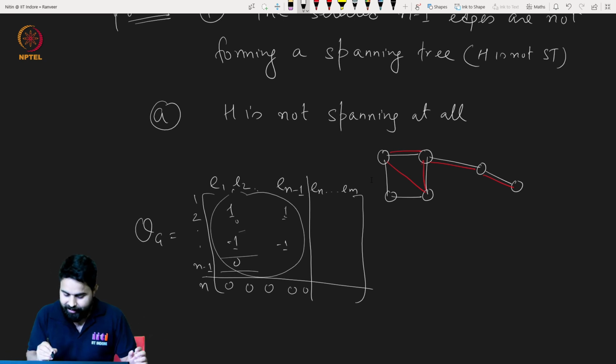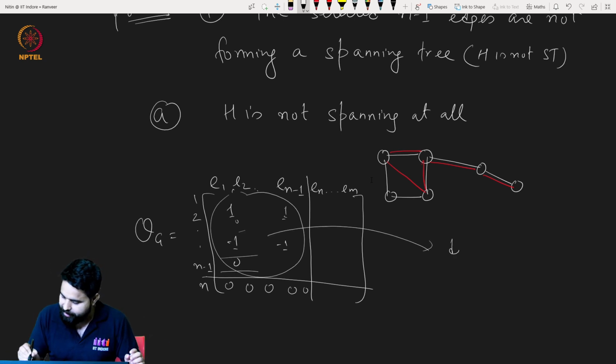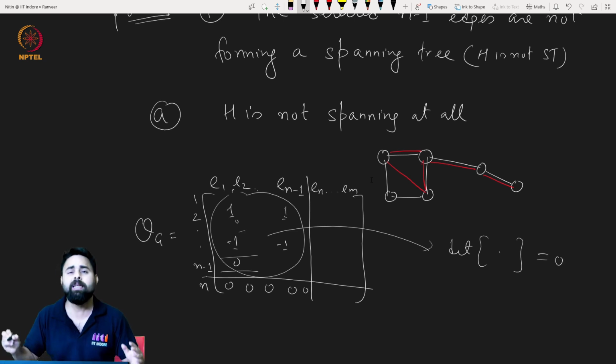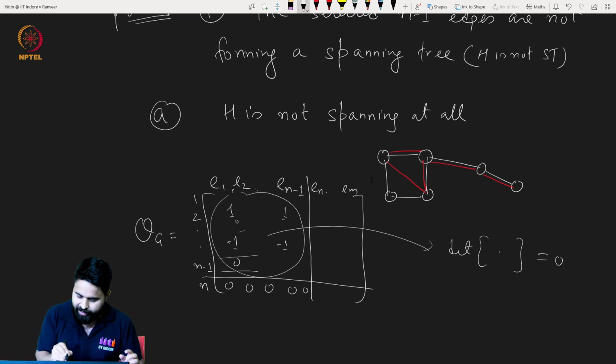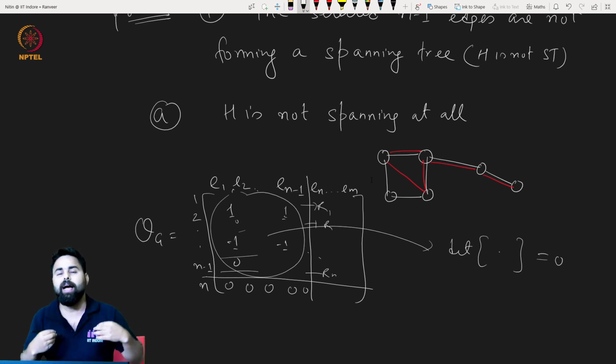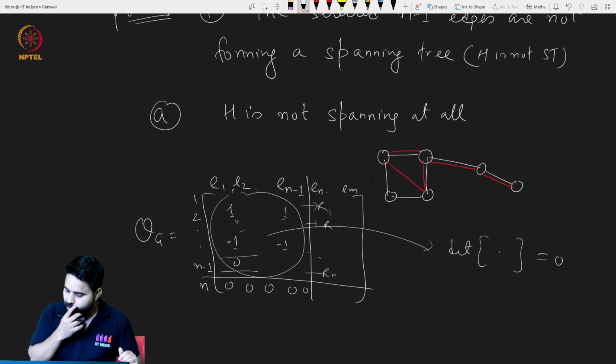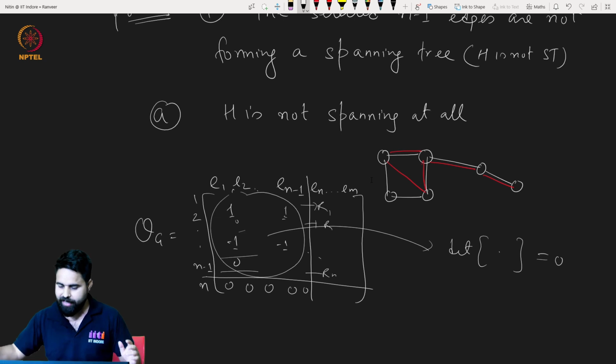So the determinant of this matrix will be 0. Very, very easy to see because we are adding all this. Very good. So a very, very simple fact.